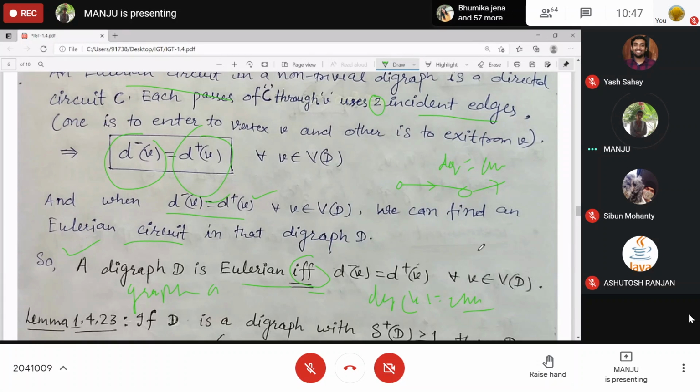Clear? And that was, if degree is even, then you can find the Eulerian circuit, and if the graph is Eulerian, then obviously degree has to be even. Is there any doubt? No, ma'am.